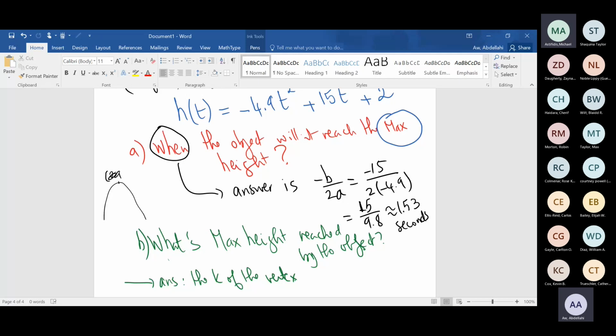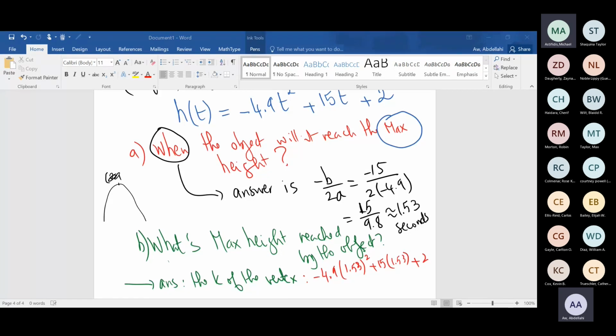Substitute the h into the function, so it's going to be negative 4.9 times 1.53 squared plus 15 times 1.53 plus 2. And then we do the math, right? Well, we don't like this one right here because the numbers are not nice.